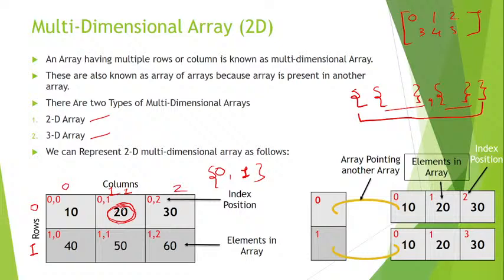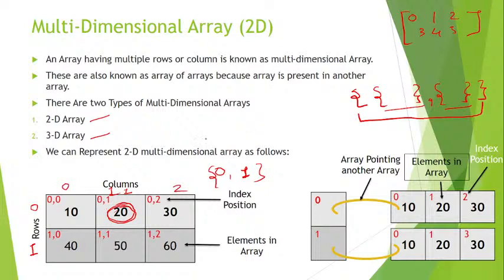In this format we can also retrieve the element. If you want to retrieve it, you still have to define the 0 and the 1, then only you can get this 20. Or if you want to add a value inside these rows and columns, you have to follow this way.